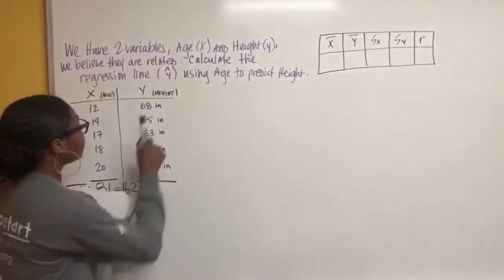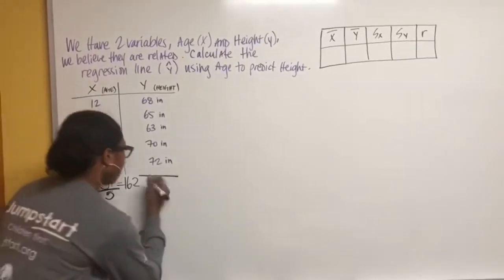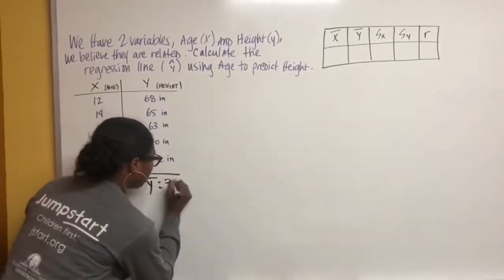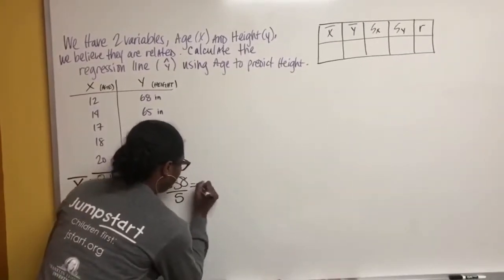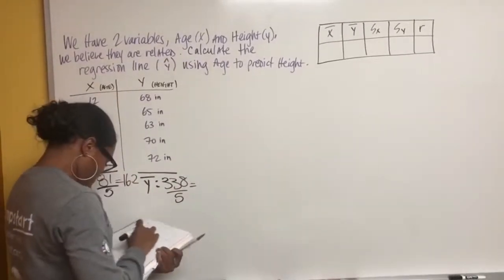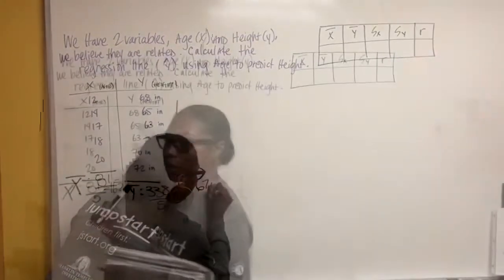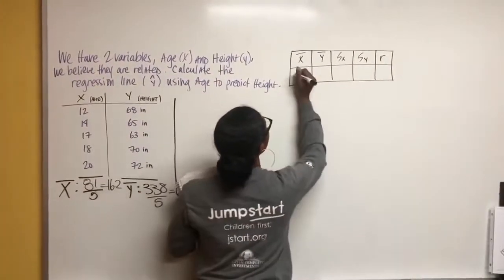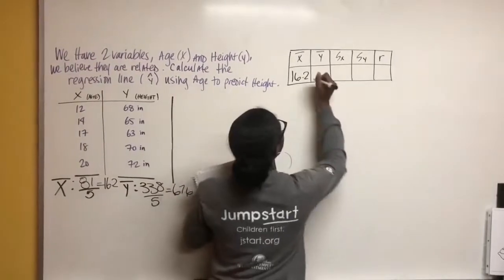And for y, 68 plus 65 plus 63 plus 70 plus 72, which is 338, divided by our sample, which is 5, which gives us 67.6. So now that we got our mean of x, which is 16.2, I'm going to put it in our chart. So we put 16.2 here. And for our mean of y, it's 67.6.